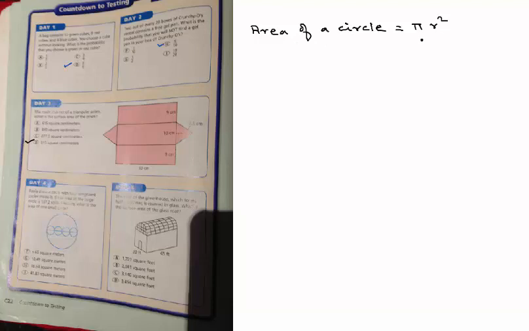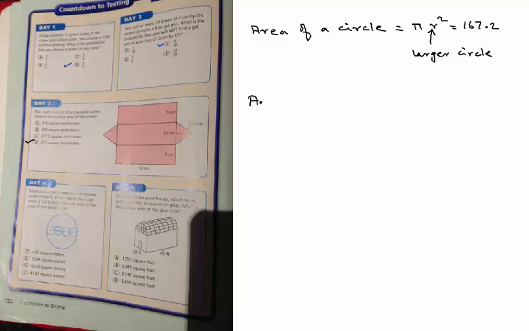So let's say that the radius of the larger circle is r. And it's given that this area is 167.2 square meters.